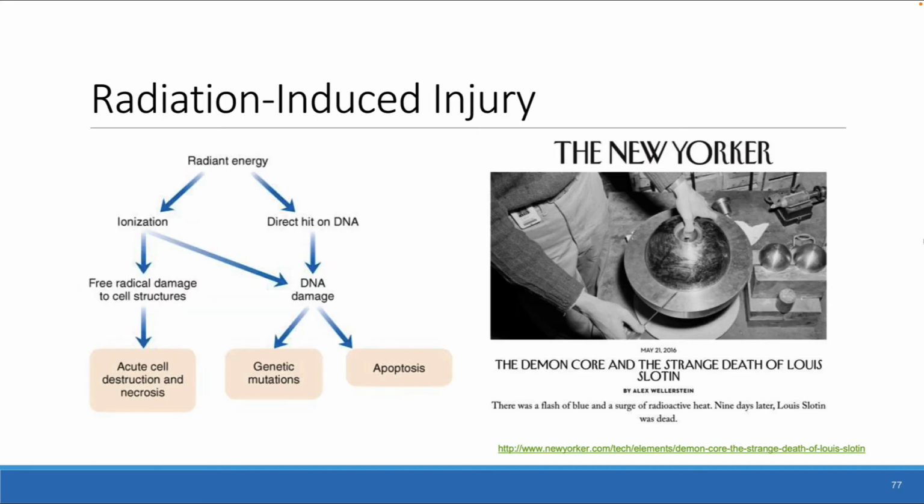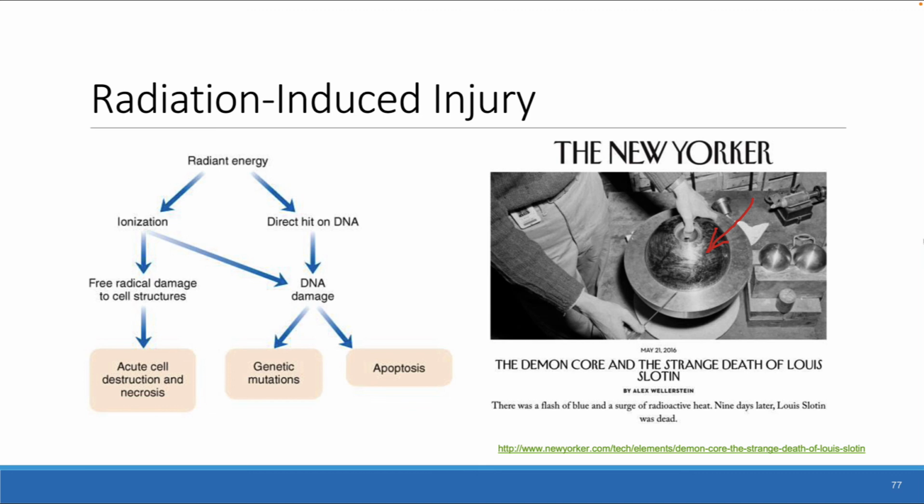Here's a great story from the New Yorker about a scientist at Los Alamos, I forget when it was, maybe in the 1950s. He had this nuclear core and dropped a screwdriver into it.